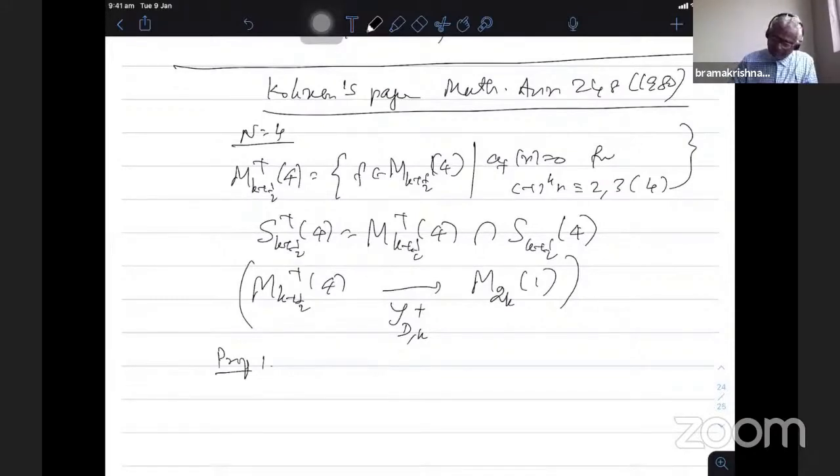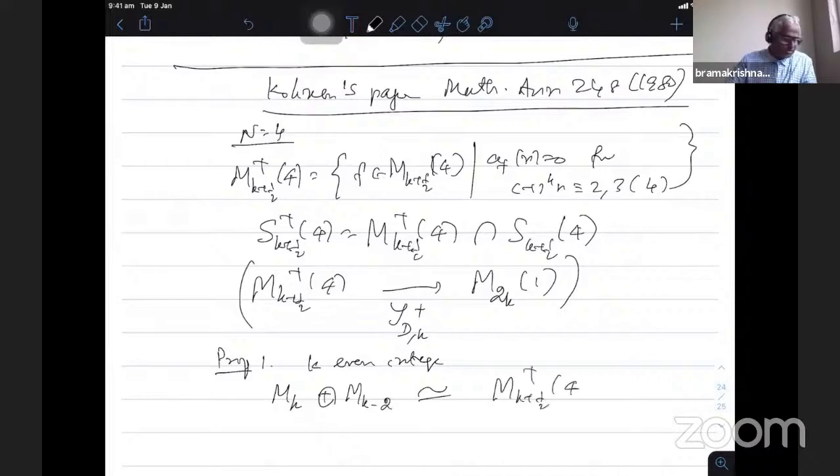So K is an even integer. We have the space M_k, the space of modular forms with respect to SL2(Z). Sometimes I write bracket 1, sometimes I don't, both are the same. The direct sum M_k plus M_{k-2} is isomorphic to M_{k+1/2} plus of level 4.